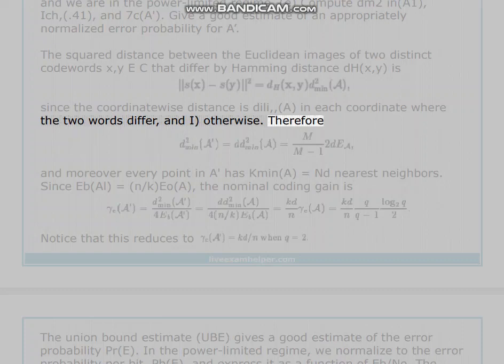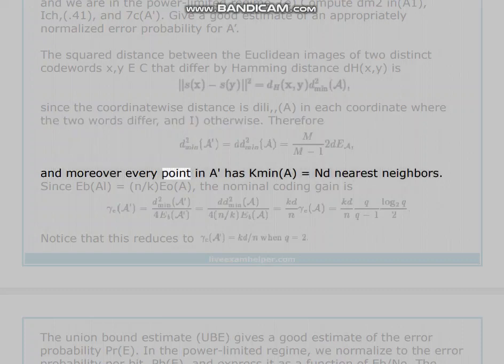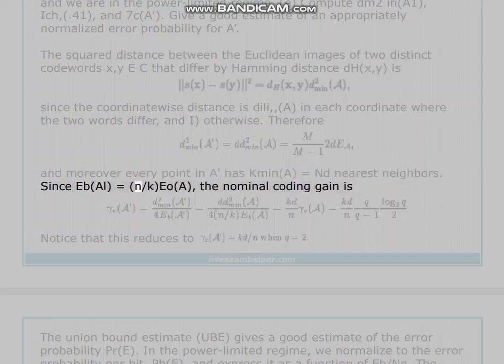Therefore d²_min(A') is proportional to d, and moreover every point in A' has K_min(A') = N_d nearest neighbors. Since E_b = nE(A)/(k log2 q), the nominal coding gain is γ_c(A'). Notice that this reduces to the simplex coding gain in the case n = 1.